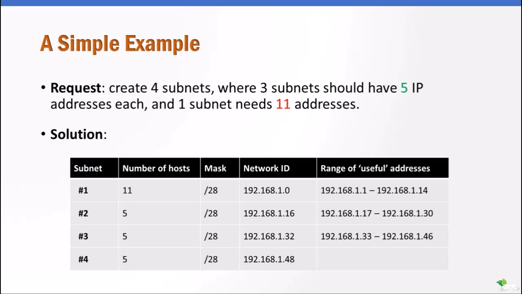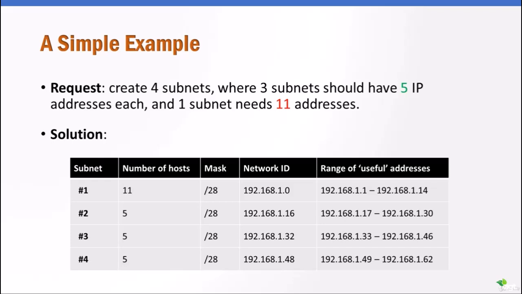And then 192.168.1.48 is going to be the network ID of the fourth subnet. And then the range of useful IP addresses for that subnet will be from 192.168.1.49 to 192.168.1.62. And the broadcast IP address there is going to be 192.168.1.63.